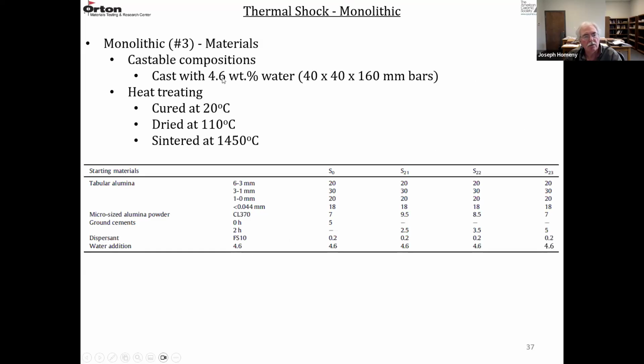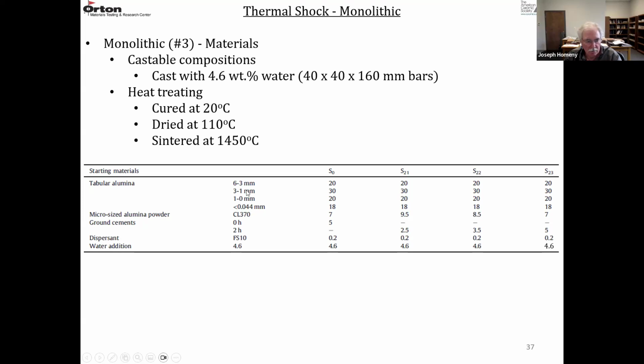So the castables are made with 4.6 weight% water, and the normal size bar is 40 by 40 by 160 millimeters. Cured at 20 degrees C, dried at 110 degrees C, and sintered at 1450 degrees C. So the tabular alumina aggregate sizes are 6 to 3 millimeters, 3 to 1, 1 to 0, and less than 0.044 millimeters.